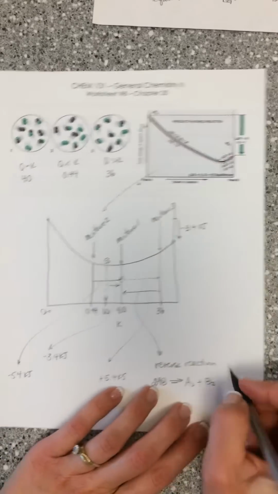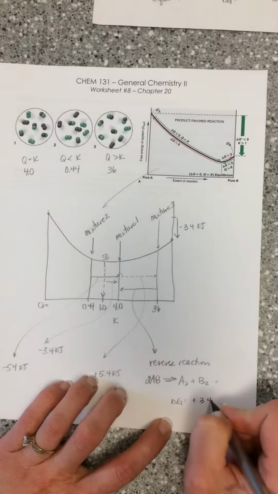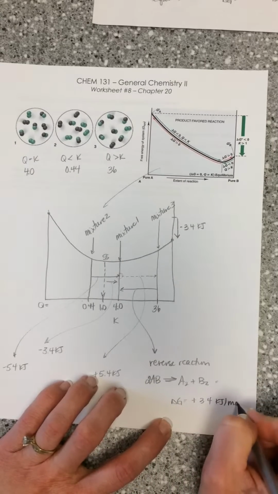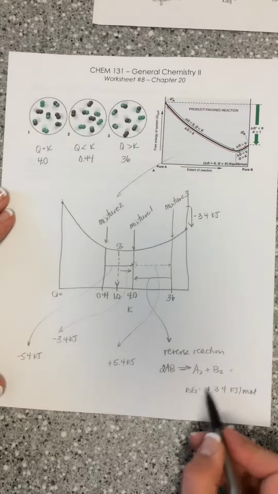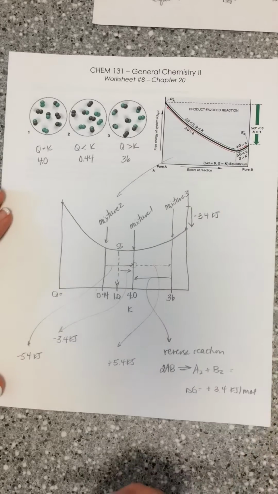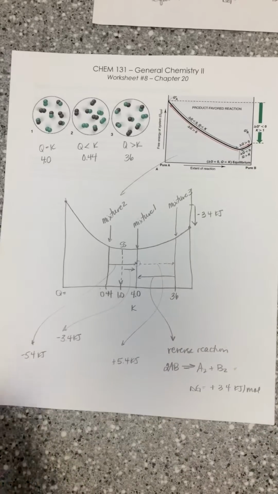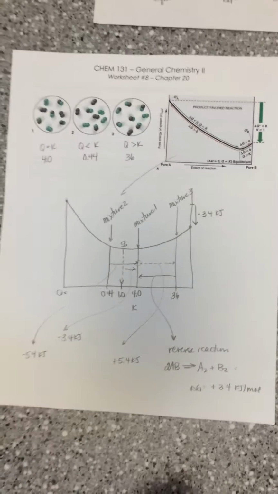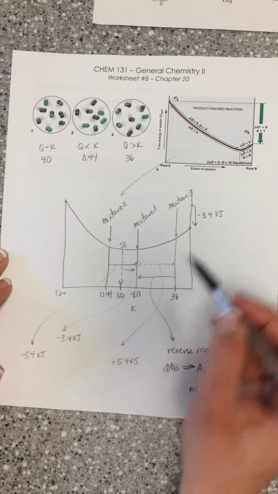So the delta G for this process is actually going to be positive 3.4 kilojoules per mole. This process is going to be the negative of that. But if we're approaching it from this direction, and we are at that point having Q less than K, we're going to be okay to do that if we've already gone past it in the forward direction.